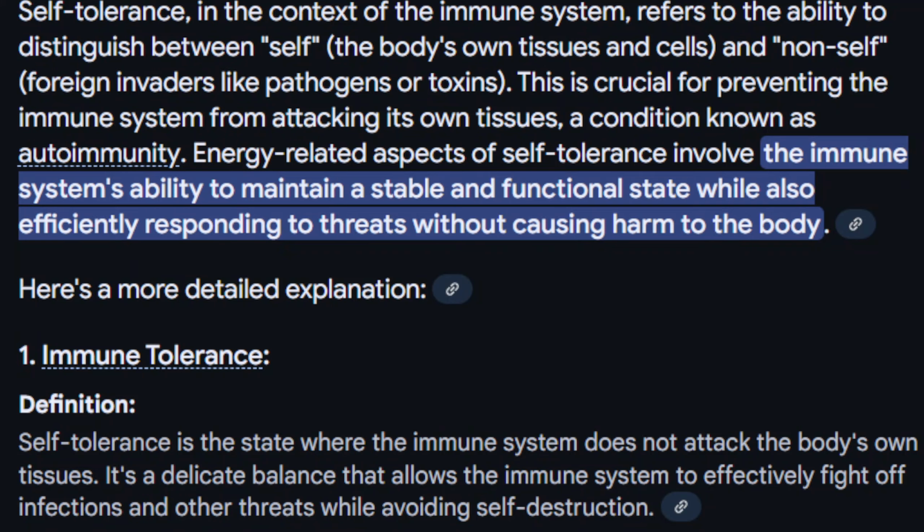This is crucial in preventing the immune system from attacking its own tissue, a condition known as autoimmunity. Self-tolerance involves the immune system's ability to maintain a stable and functional state, while also efficiently responding to threats without causing harm to the body.